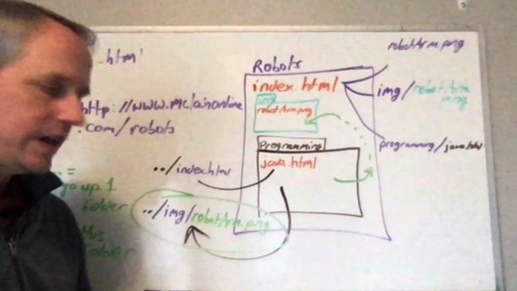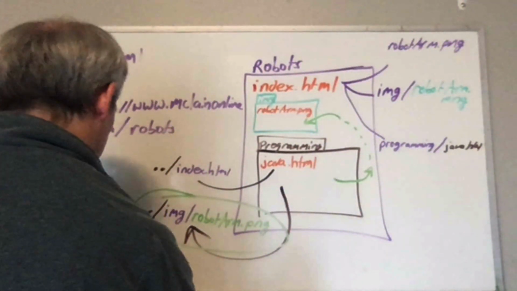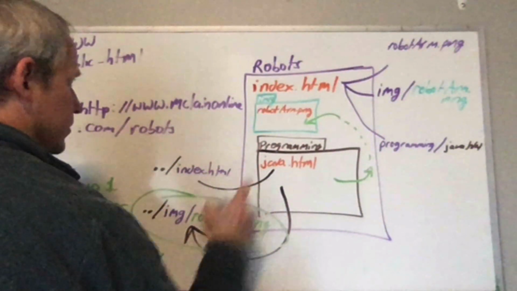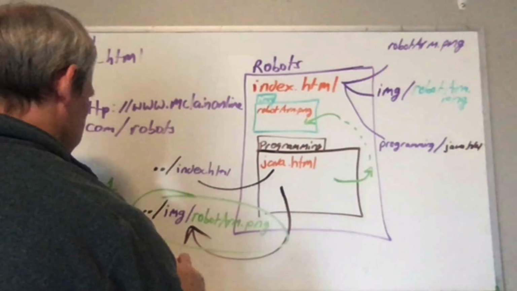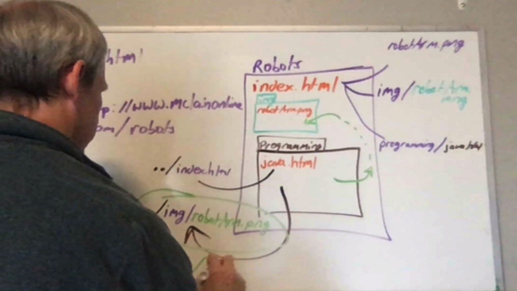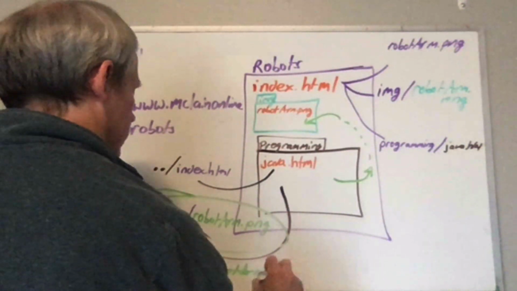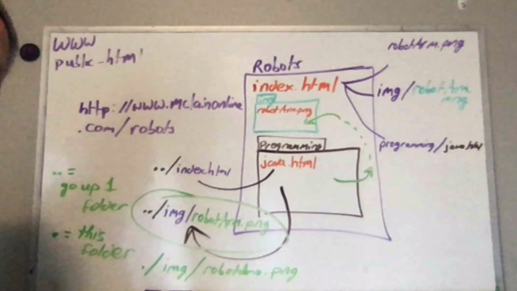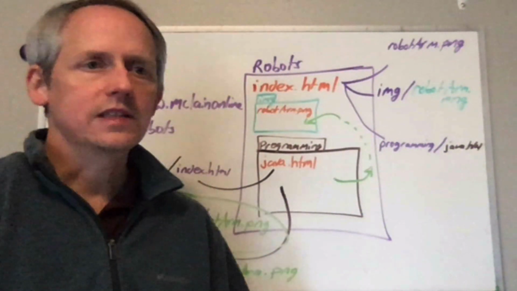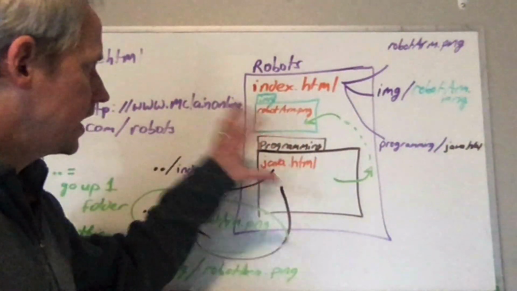I tend to like to do that, say dot slash something, dot slash img slash robotarm, for instance, .png. Okay, so that's the basic idea of how this is structured out.